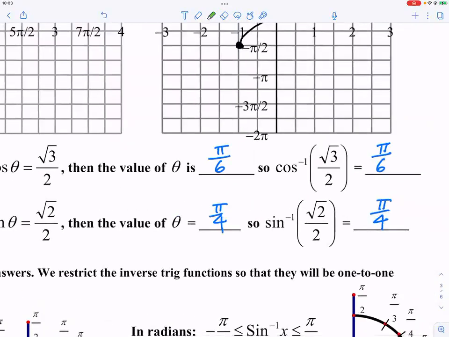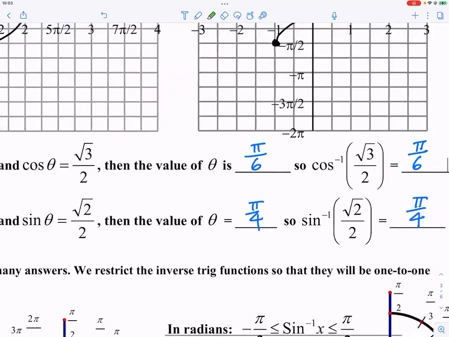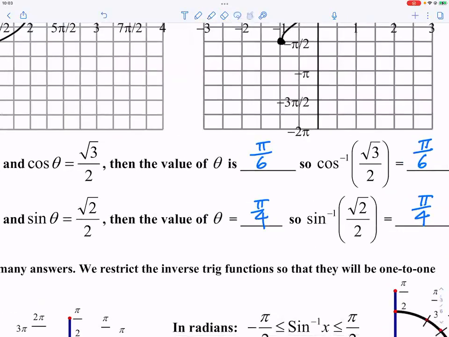No. That's not theta. This is a ratio. So we're saying cosine of an angle gives you √3/2. What is the angle? Oh, pi/6. So an alternative way of writing and saying it is that inverse cosine of the ratio is what angle?